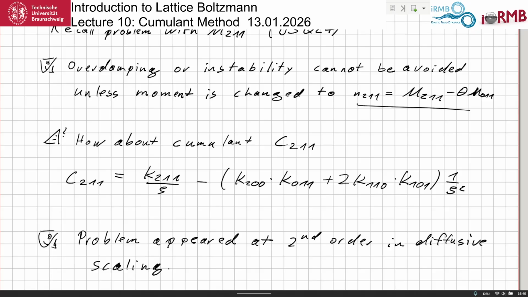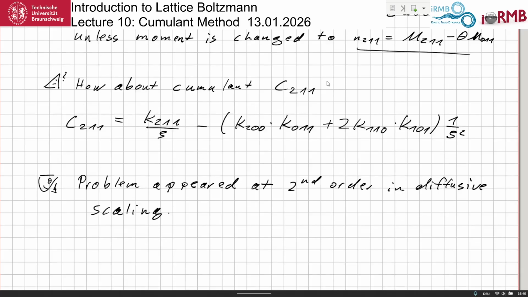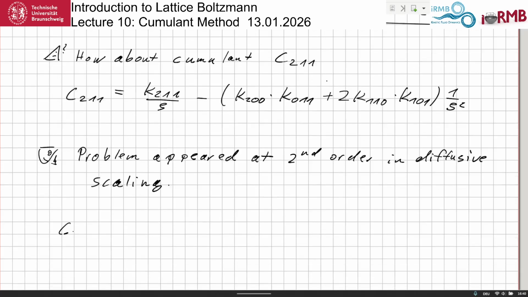What happens at second order in diffusive scaling? To do this, we expand the moments to second order, meaning that everything on the right-hand side now has to be second order. So how do we get this?